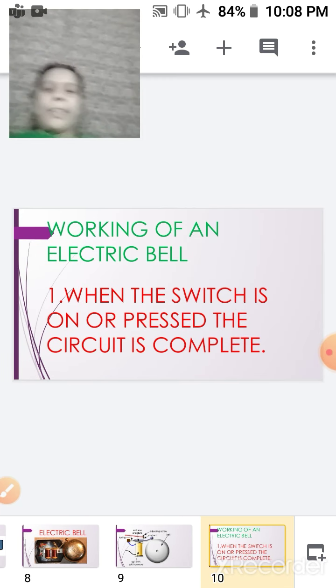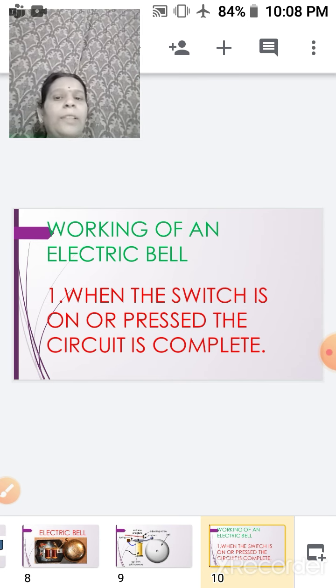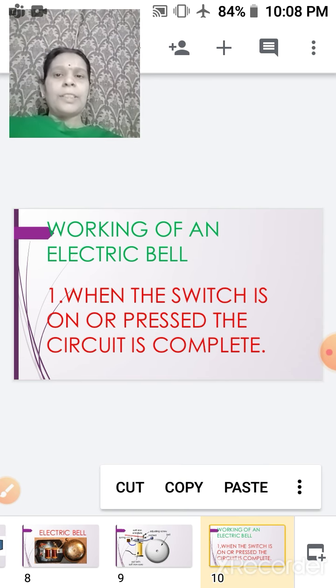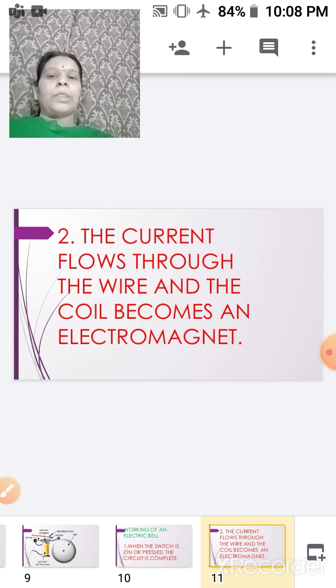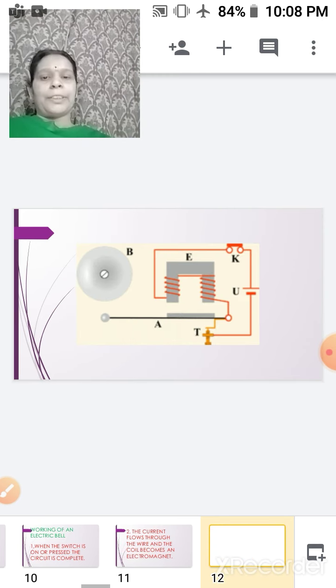So children, now we will be studying the working of an electric bell. When the switch is on or it is pressed, the circuit is complete. When the circuit is complete, the current starts flowing through the wire and the coils become an electromagnet.